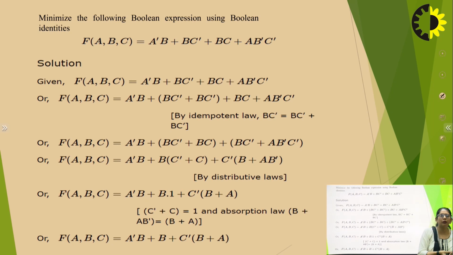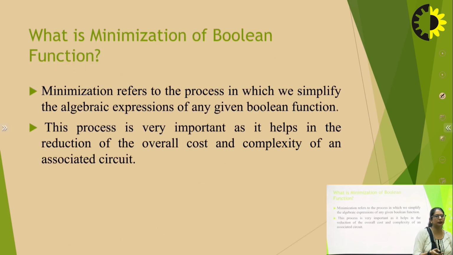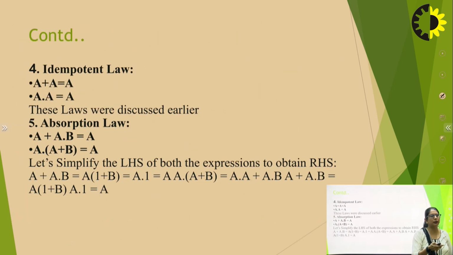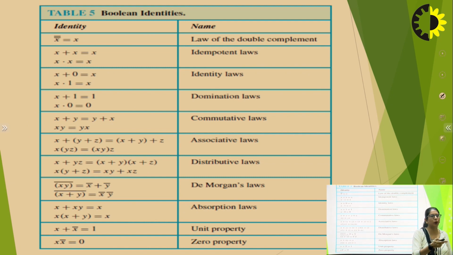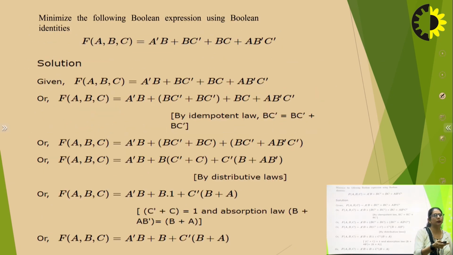I will take b common. In the inner bracket, what will be left? c plus c bar. Similarly, in the last one, if I am taking c bar common, it will be b plus ab bar, right? And we know with the previous axiom, as we see here, that a variable with its complement is always 1, right? Because it's a unit property.